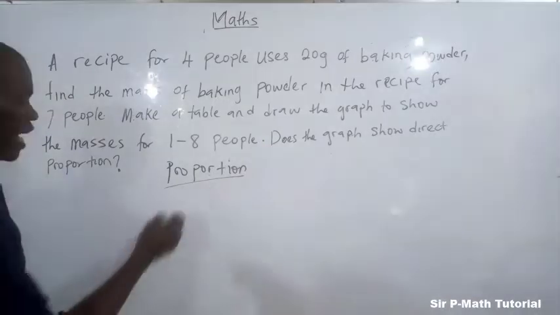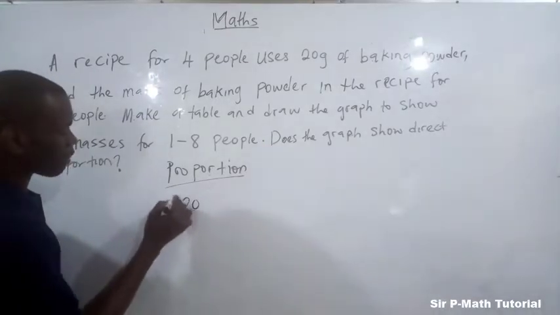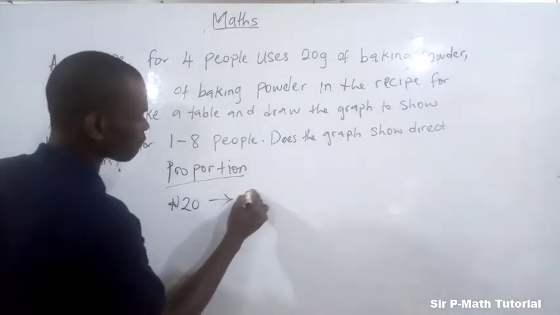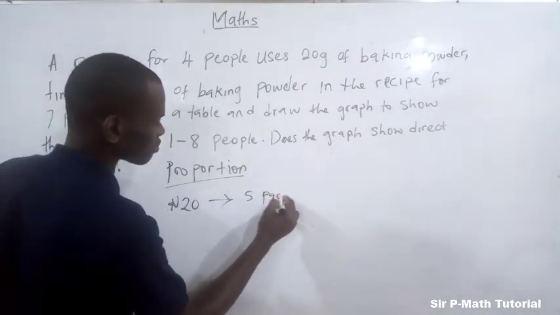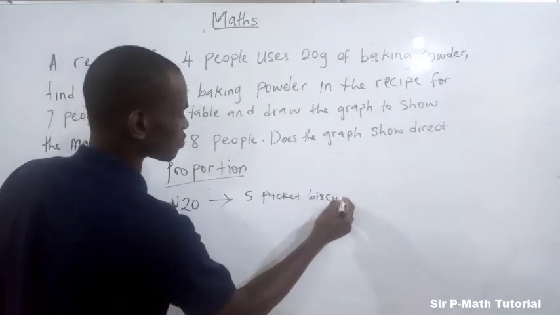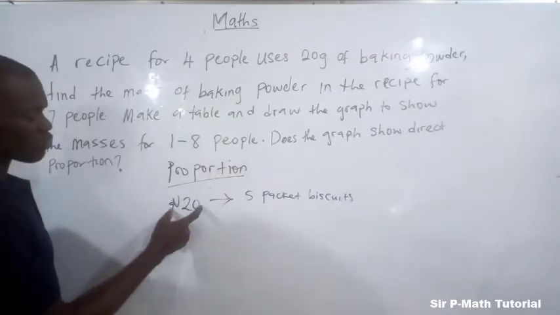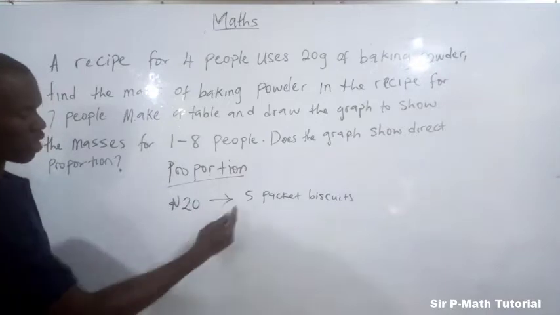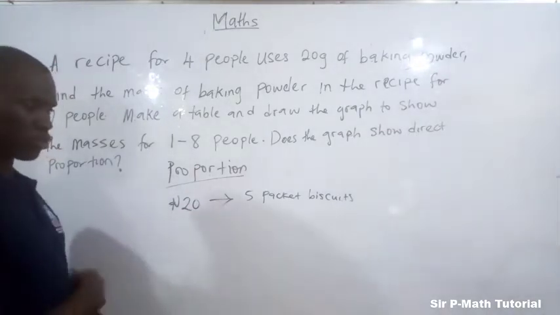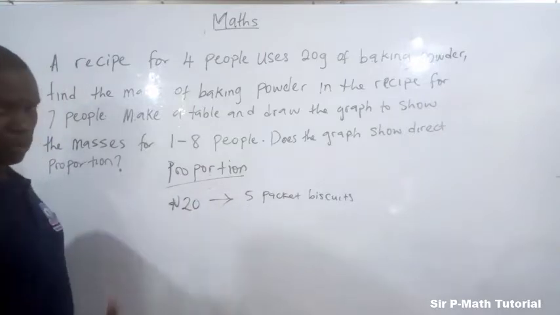For instance, I have 20 naira in my pocket, and this 20 naira can afford 5 packets of biscuits. If this 20 naira is increased, the 5 packets of biscuits will increase in the same proportion with what 20 naira can afford.